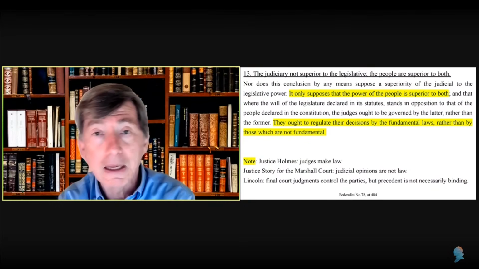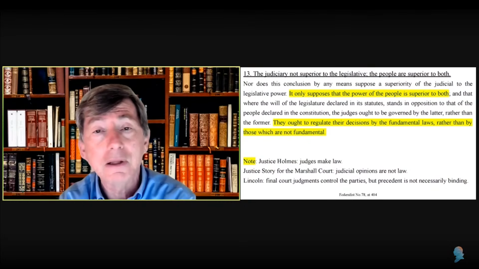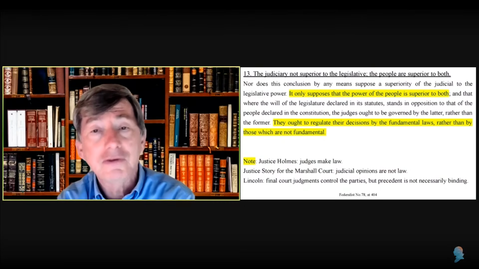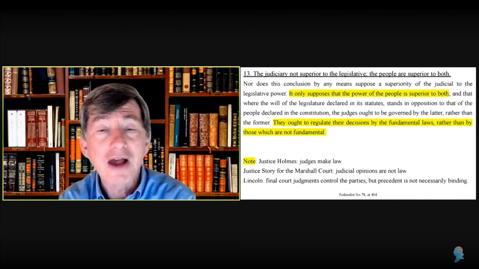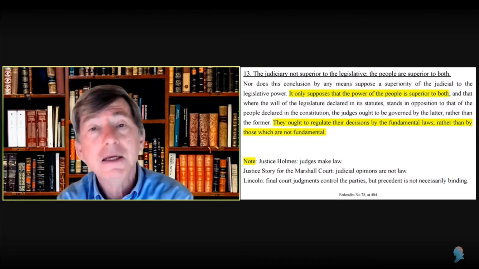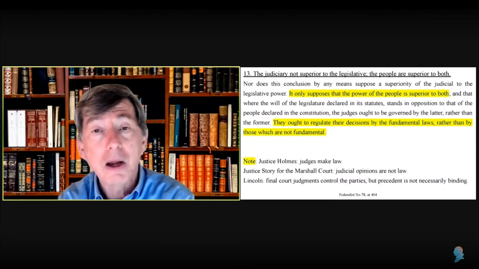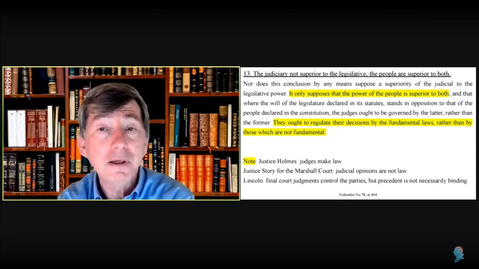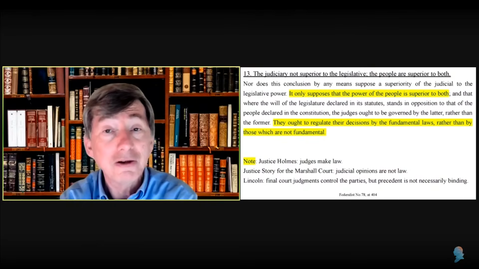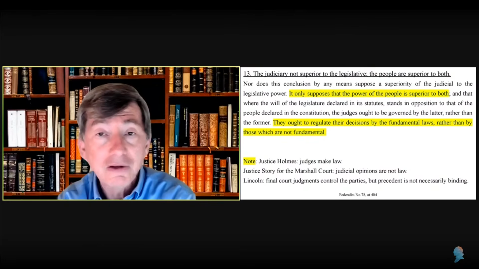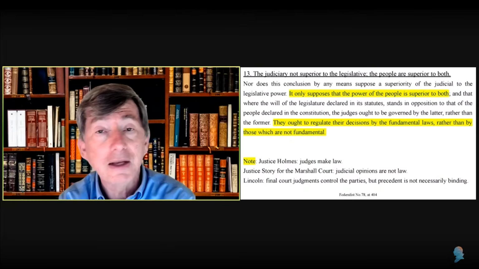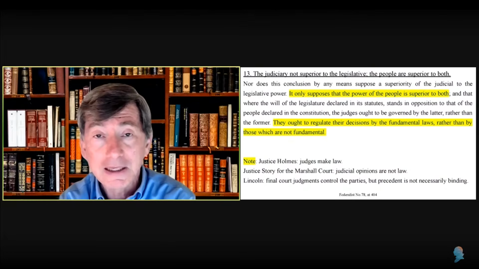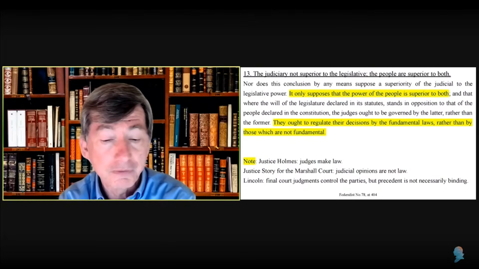And Story and Holmes, as I mentioned, are the antithesis of each other. This idea that what judges say is law just by saying it in an opinion, and that it's equal to legislation in that sense, is an idea that was not there at the beginning. It was invented by the progressives.